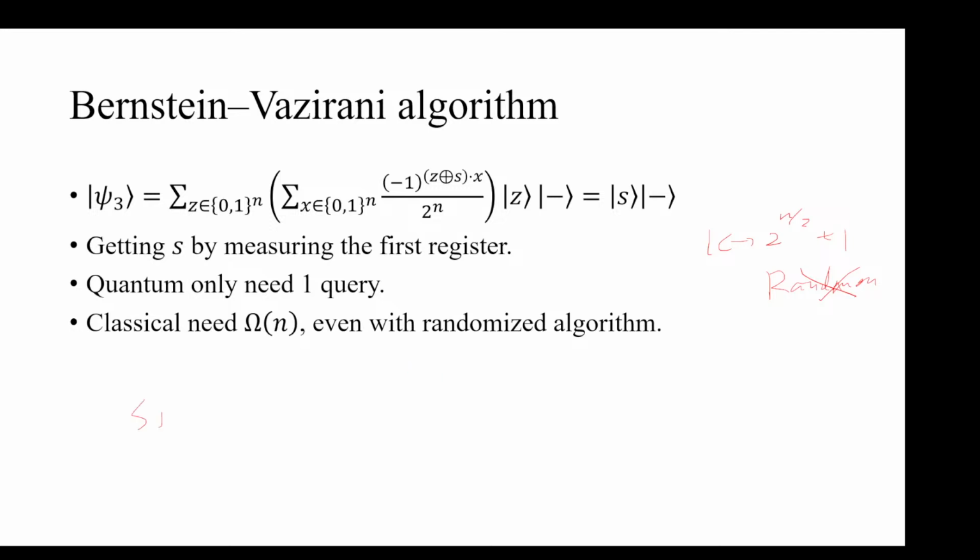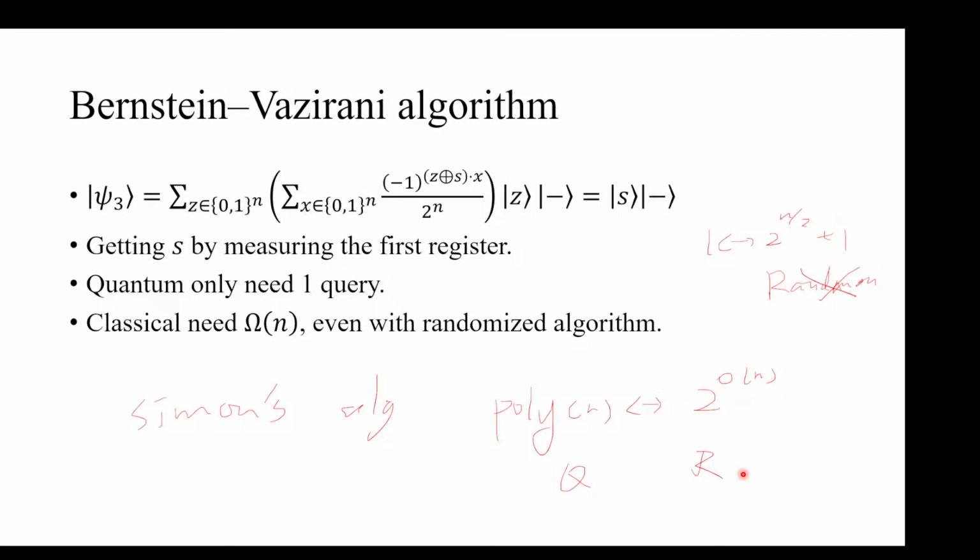I guess it's polynomial versus 2 to the order n, between quantum and randomized classical. Okay, that's next time.